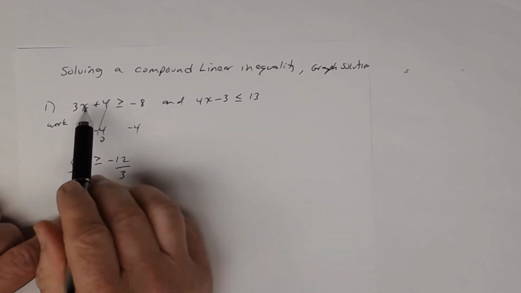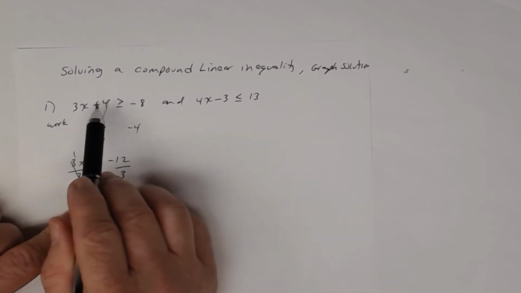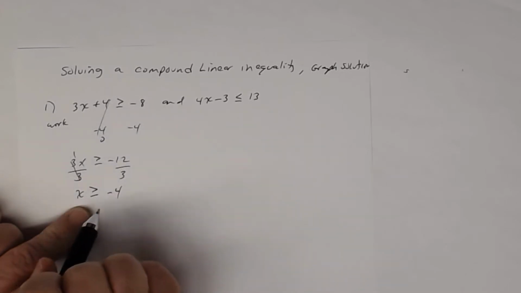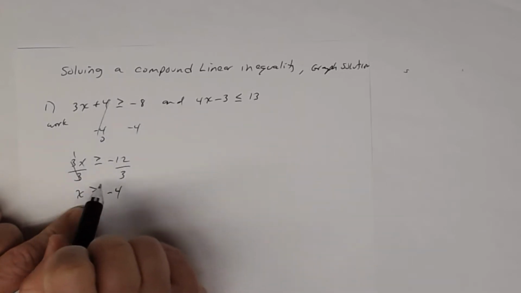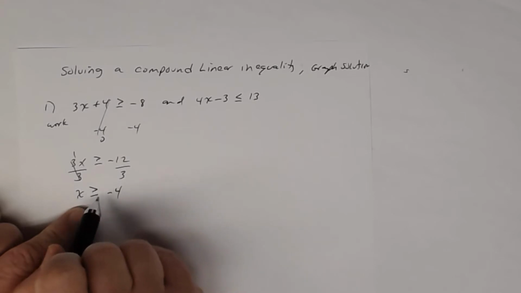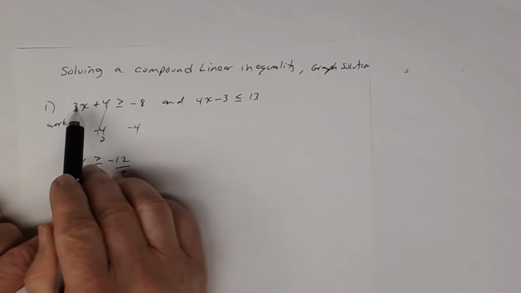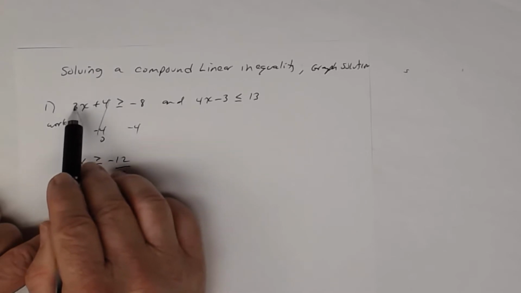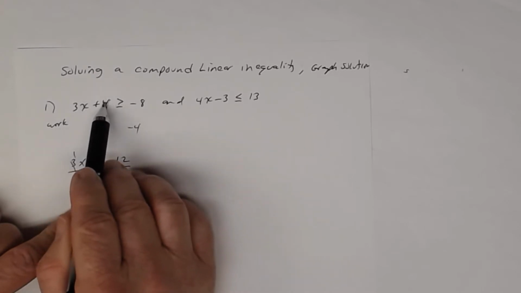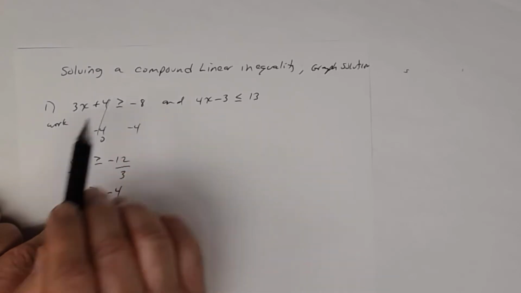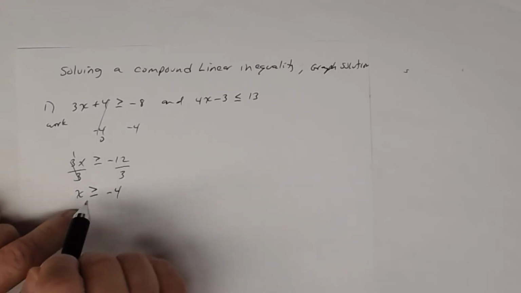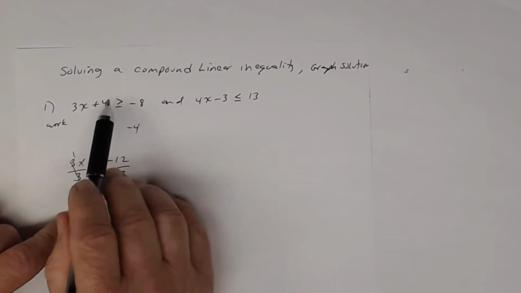If I substitute 0 in here, 3 times 0 is 0, 0 plus 4 is 4, and 4 is greater than or equal to negative 8. If I substitute negative 1, because negative 1 is greater than or equal to negative 4, look what happens. 3 times negative 1 is negative 3. Negative 3 plus 4 is a positive 1, and 1 is greater than or equal to negative 8. So any number in here is a solution to this one.